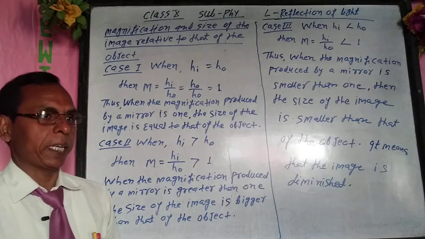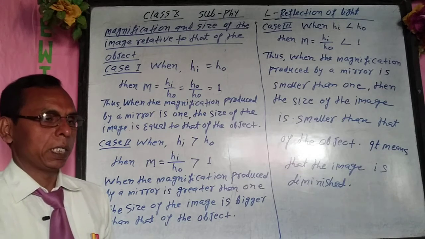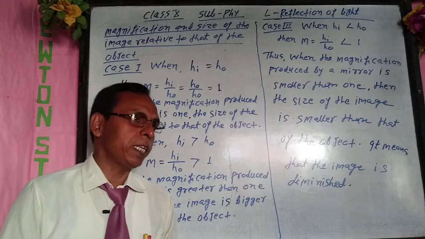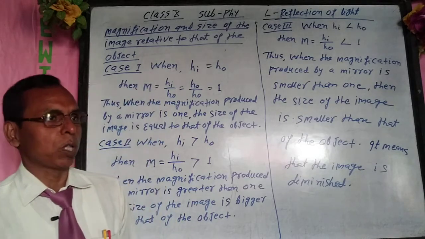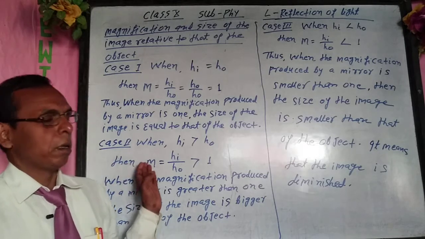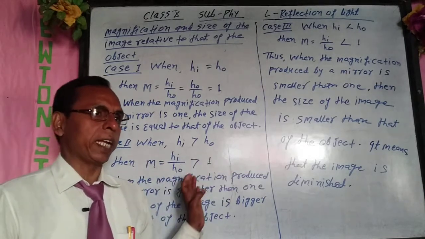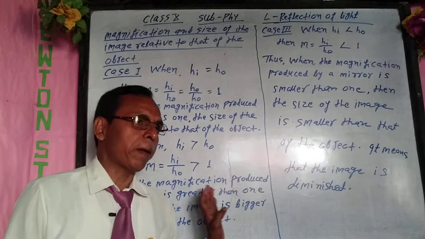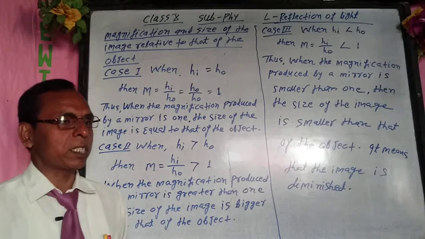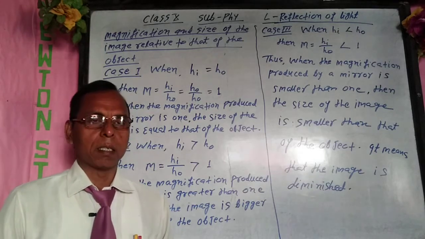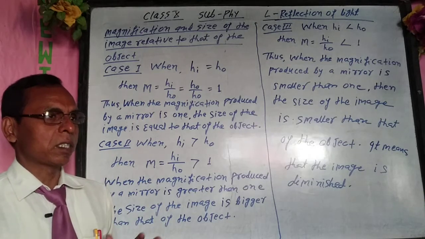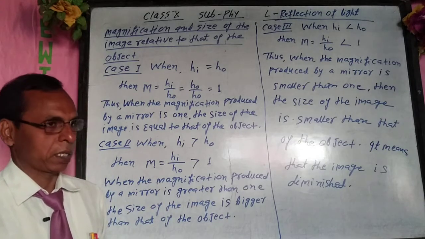When the magnification is 1, then the height of image is equal to the height of the object. When magnification is greater than 1, यदि मैग्निफिकेशन जो है 1 से ग्रेटर है, this shows that the height of image is greater than the height of the object.